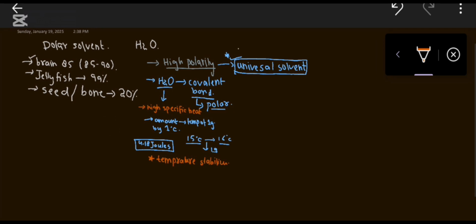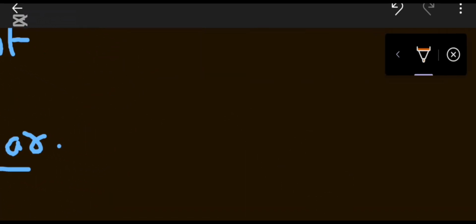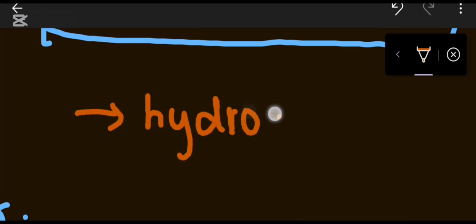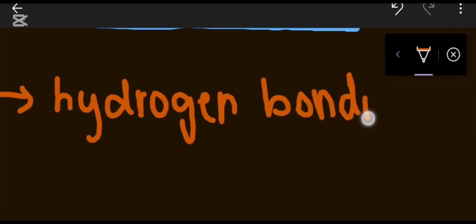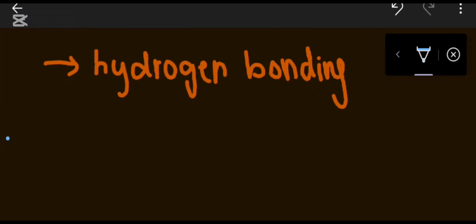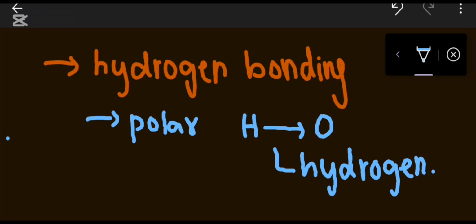Now let's discuss the third property, which is hydrogen bonding. As we know, water is a polar molecule. So between hydrogen and oxygen we have hydrogen bonding, which is denoted with a dotted line.